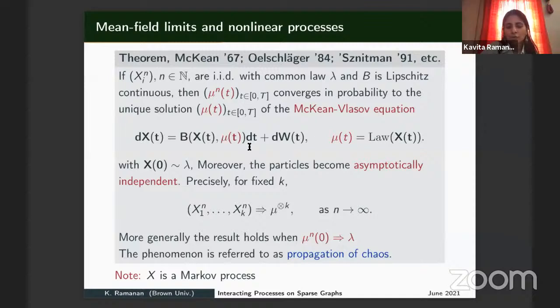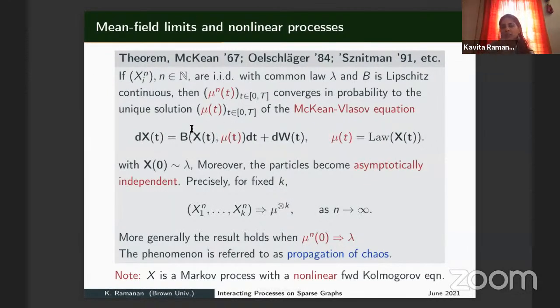Now, note that X is a Markov process, because this is just some deterministic t. So we can think of this as B as a function of t and xt. It's just a diffusion whose drift depends on t, so it's an inhomogeneous Markov process, but it's not just an arbitrary inhomogeneous Markov process, because the dependence on t is only coming through the law of the process.